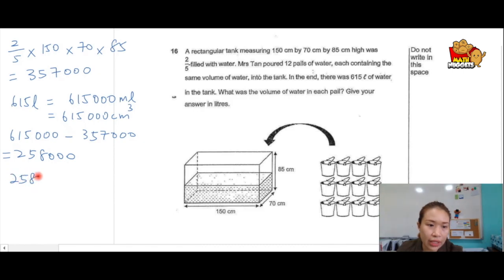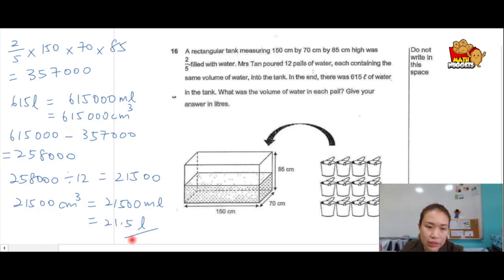You simply need to divide by 12, which is 21,500. However, they want us to give our answer in liters. So 21,500 is in cubic centimeters. We're going to change it to 21,500 milliliters, which is equal to 21.5 liters.